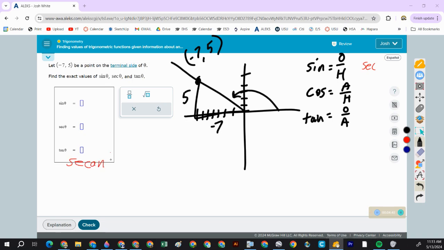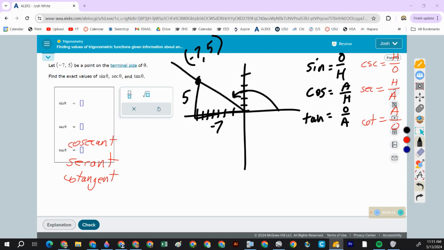So we have secant, I get that backwards, cosecant, and cotangent. So this one, the cosecant, is H over O, the secant is H over A, and the cotangent is A over O. So you're going to need to memorize those as well.